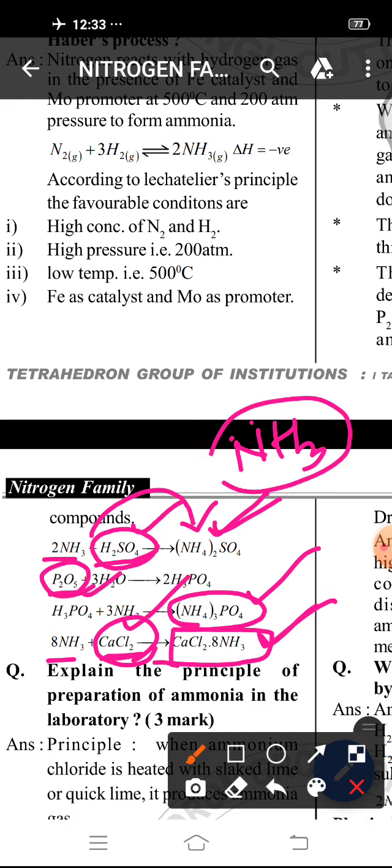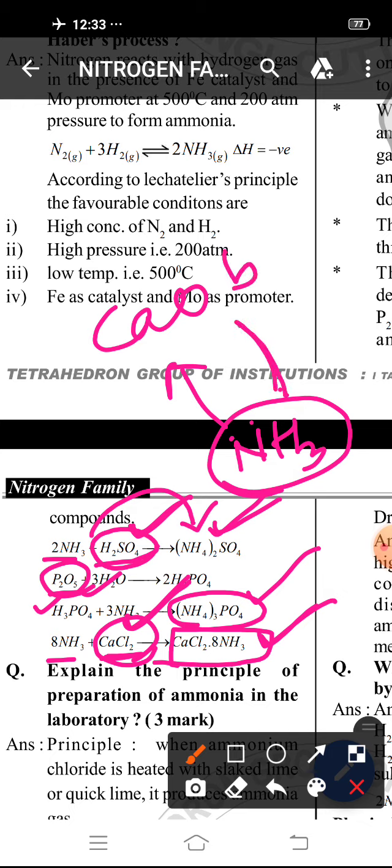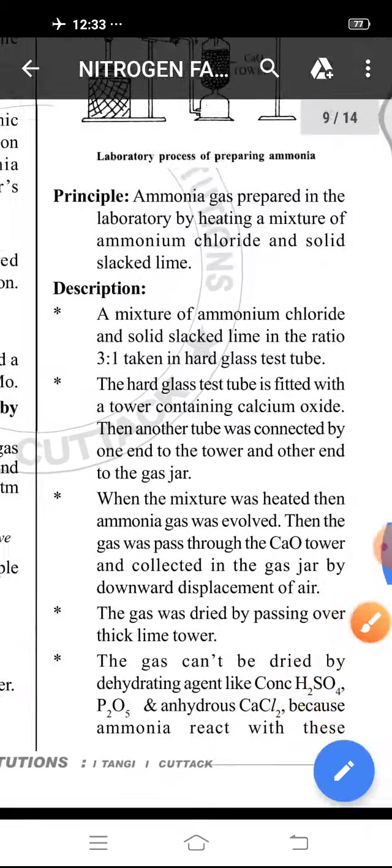So ammonia cannot be dried over concentrated H2SO4, P2O5 or calcium chloride. It is dried by CaO, because CaO is also basic in nature, so both do not react with each other. So ammonia gas is dried over CaO. So this is the laboratory preparation of ammonia.